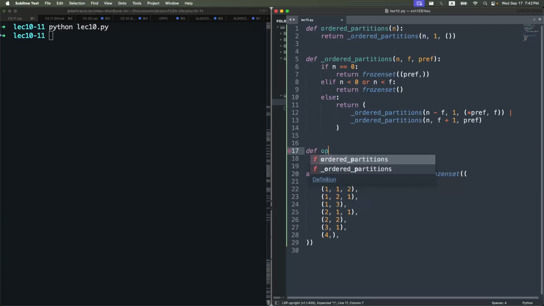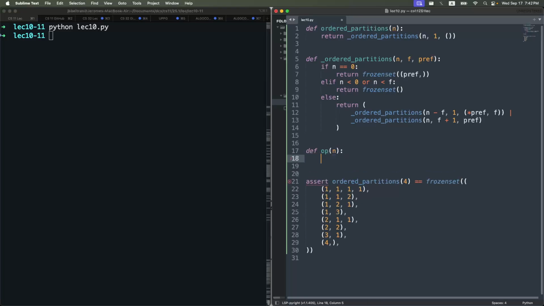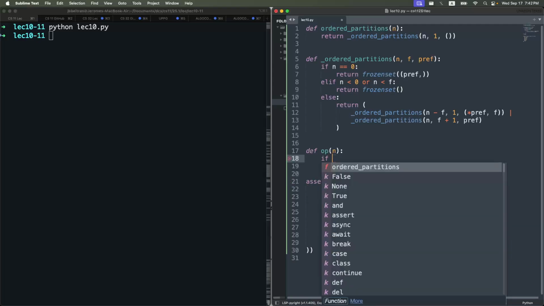Let's just call this OP. If I already have the ordered partitions, I think it would be the same.